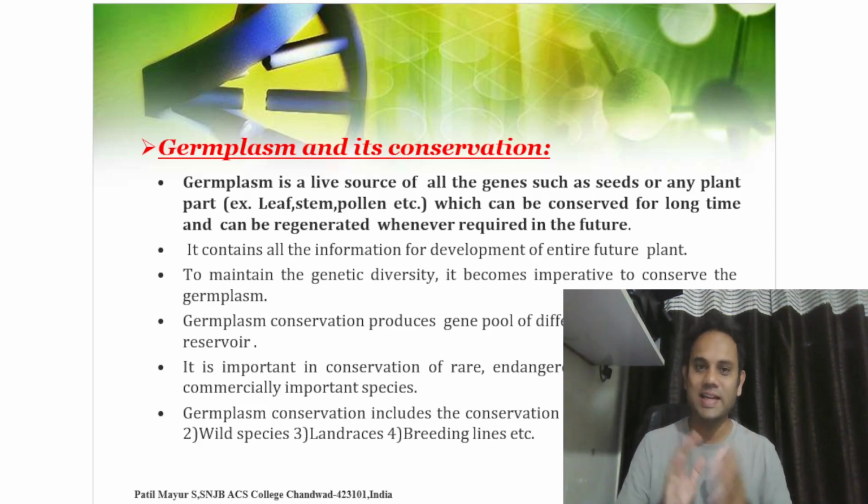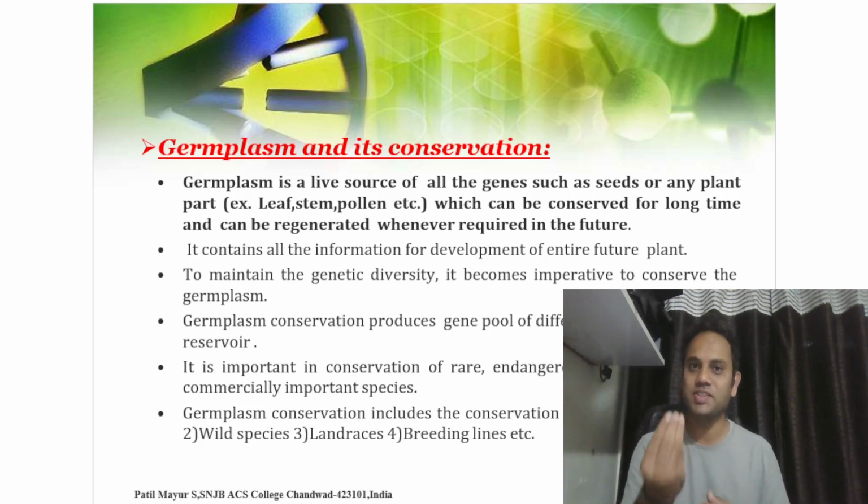The definition of germplasm: germplasm is a live source of all the genes, such as seeds or any plant parts which can be conserved for a very long period of time and can be regenerated whenever required in future.